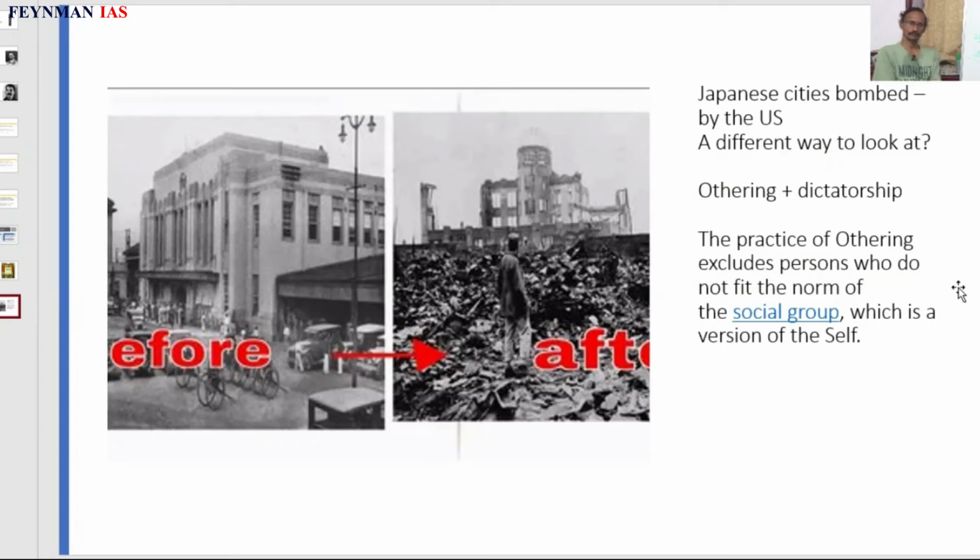So, othering plus personal dictatorship. So, what did Hitler do? He committed murders to keep himself in power. That is one. And then he made certain people enemies and created a system eliminating them.